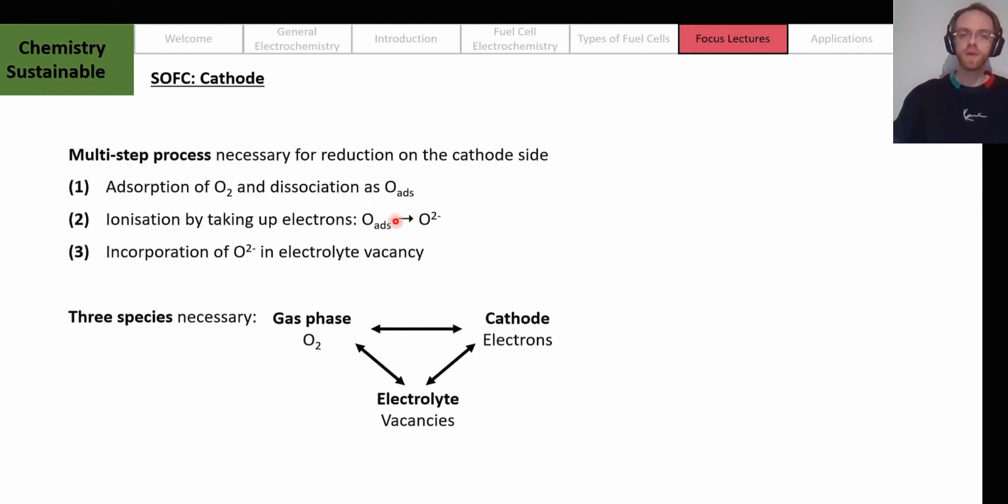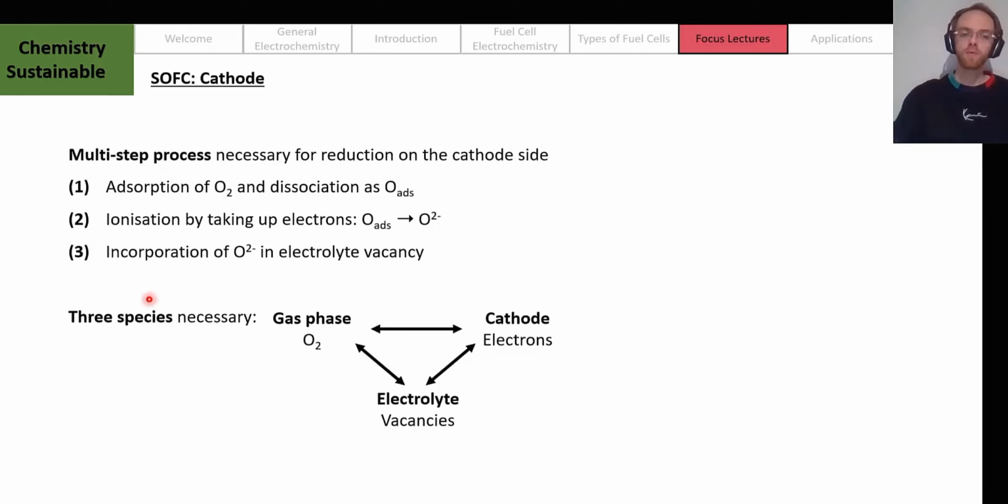This would factually require 2 electrons to form this O2-, this oxide ion. And then the third step is to actually incorporate this oxide ion into the electrolyte vacancy and then transport it via this caterpillar mechanism to the other electrode and react it on our anode.